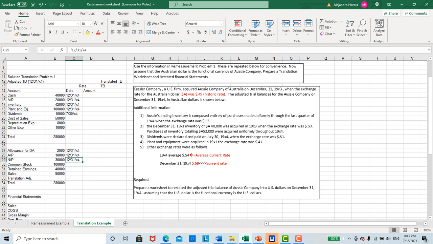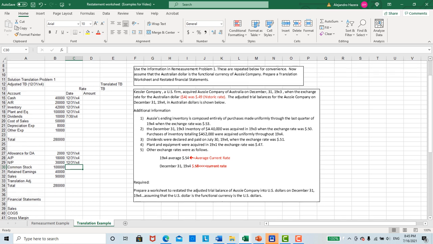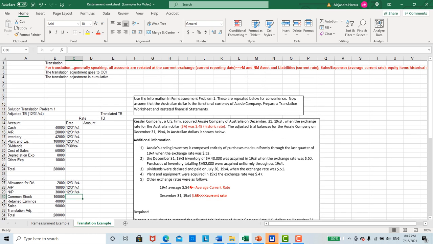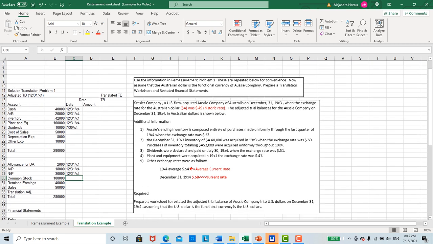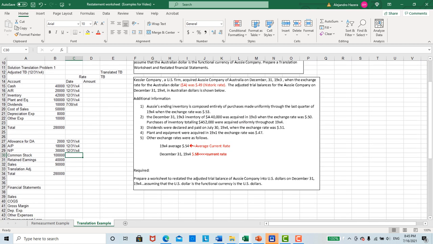Now we're going to come down here to common stock and retained earnings. Keep in mind the little rule I gave you way up here in the corner: equity items, historical rate. So for equity items, you're going to use the rate that exists when you bought the company in this case.